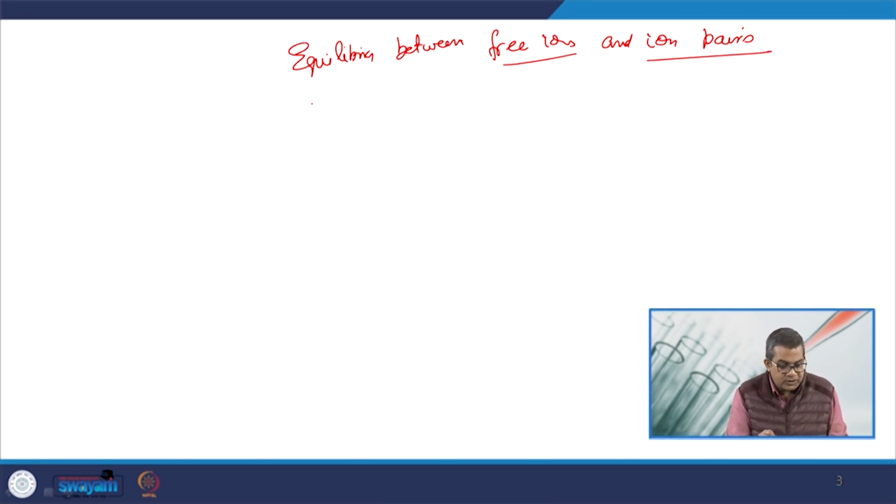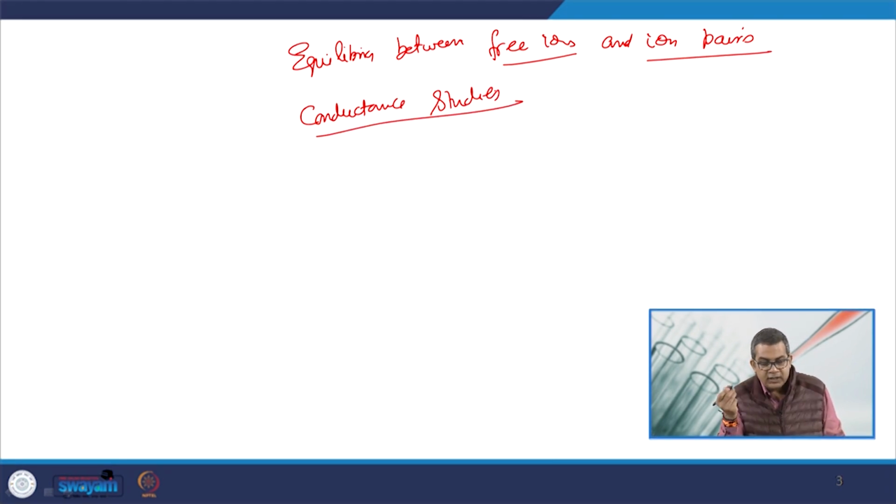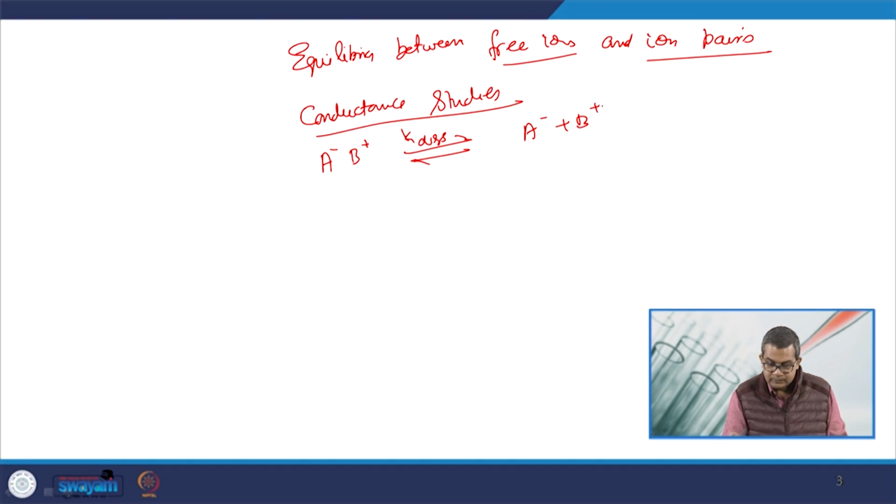The foremost thing which we need to address is the conductance studies. In solutions of partially dissociated salt, conducting free ions are sometimes in equilibrium with the non-conducting ionic pairs. This is AB, the ionic pair. If we perform the dissociation study, it may become A minus plus B plus.